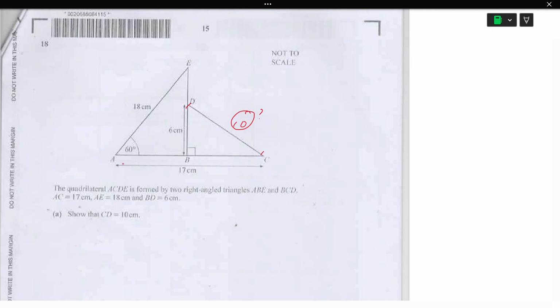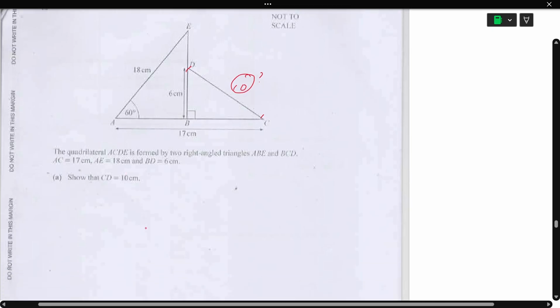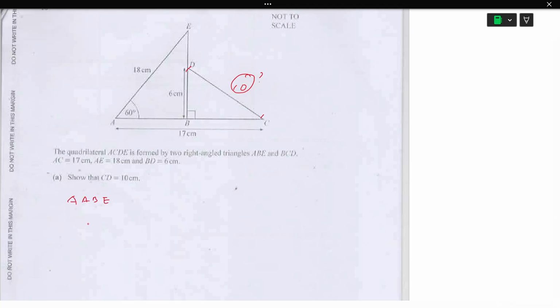For that we need AB, so we can take it away from 17. So I'll take the left side triangle, which is triangle ABE. We'll use SOH CAH TOA.